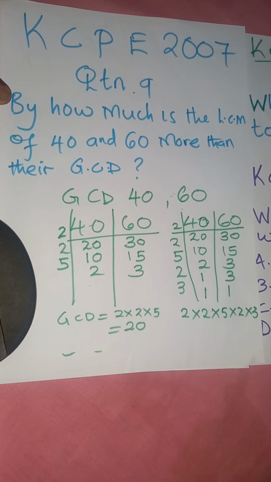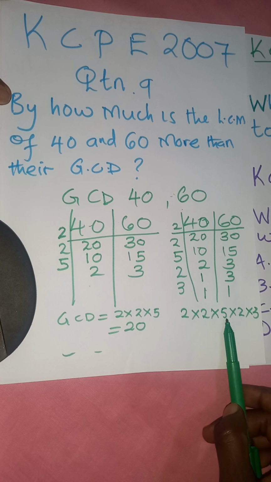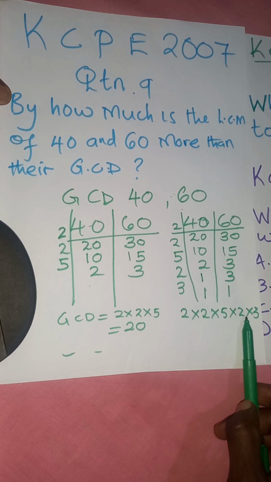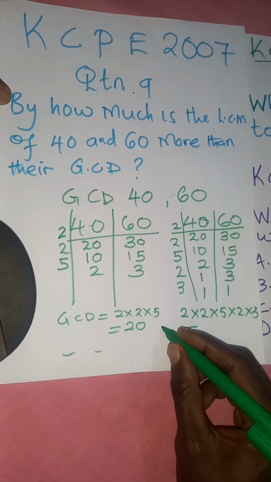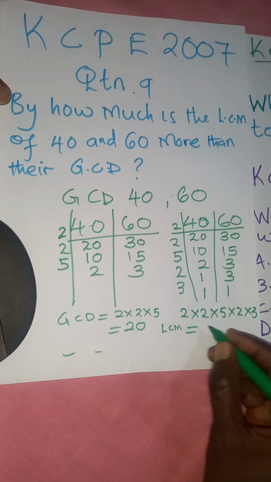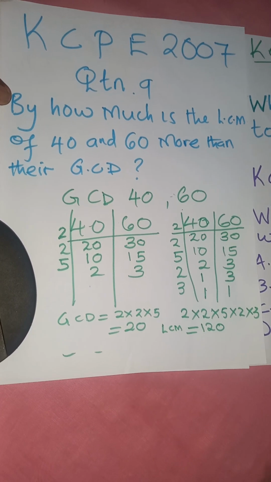So we multiply together. 2 times 2 is 4. 4 times 5, 20. 20 times 2, 40. 40 times 3, 120. So our LCM is 120.